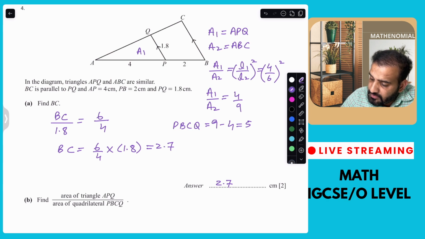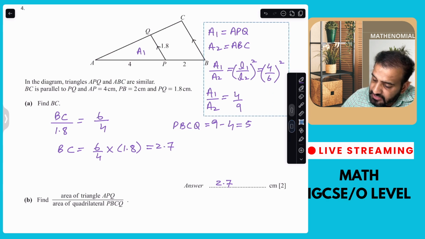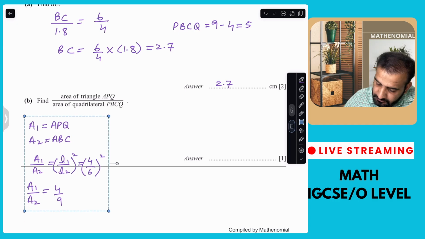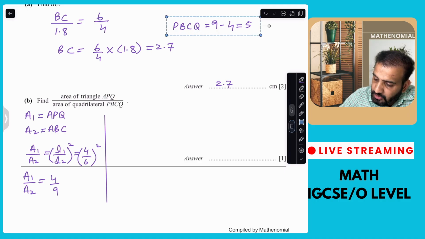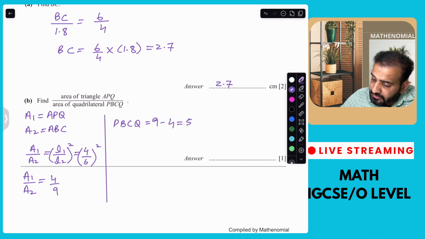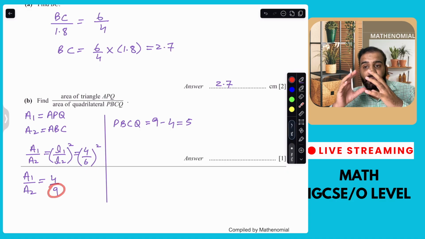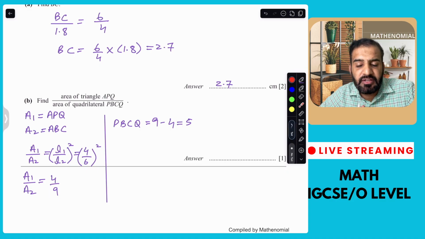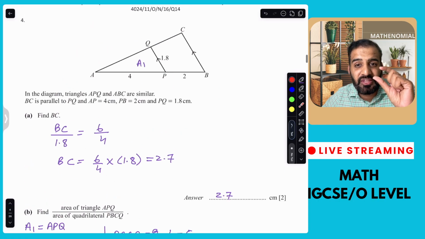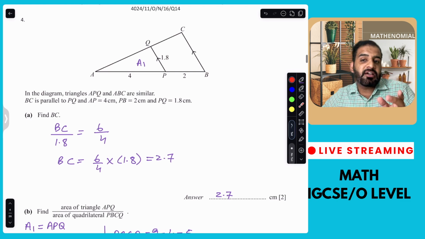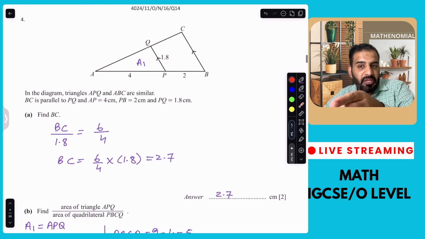So this was all your calculation. There are 9 parts of this ABC triangle in terms of area, out of which 4 parts are related to small triangle APQ, and the remaining 5 parts are for the trapezium PBCQ.